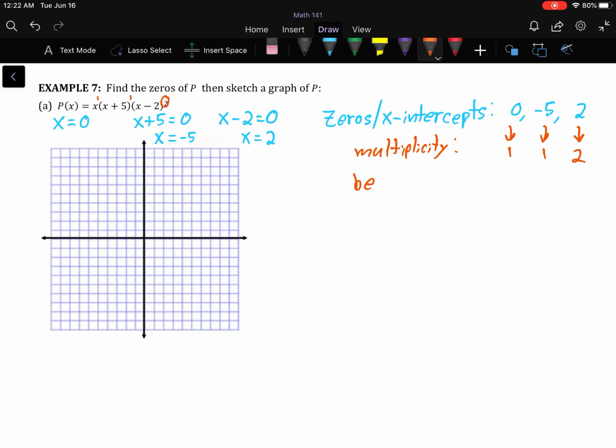And so for the behavior on the graph, the first two were both odd, so that means they intersect the x-axis at their x-intercepts.